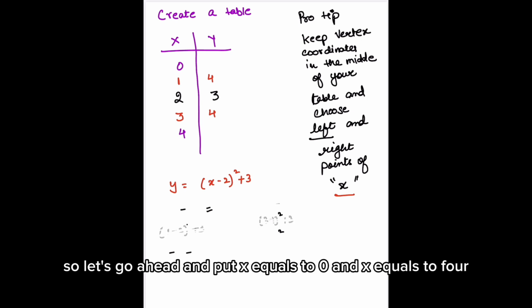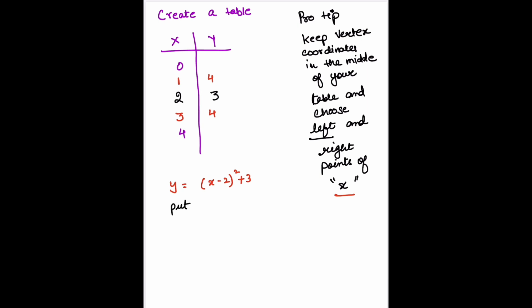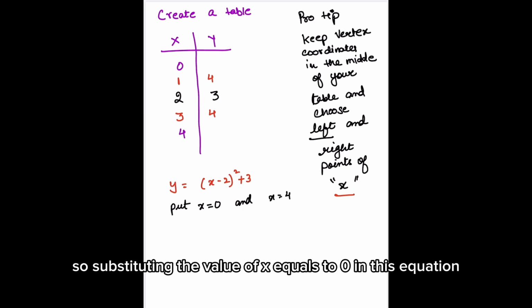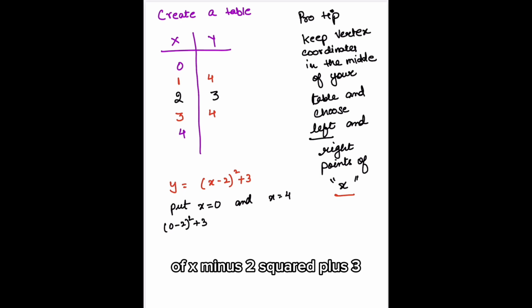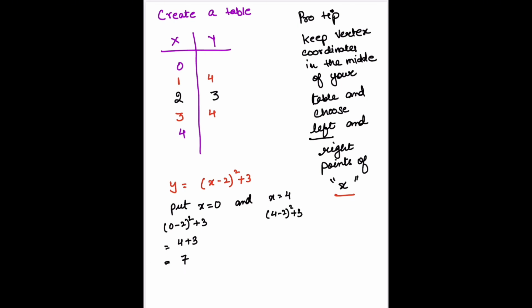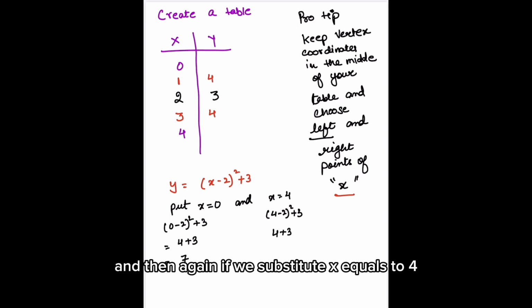Substituting x equals 0 in x minus 2 squared plus 3 gives 0 minus 2 squared plus 3, which is 4 plus 3, or just 7. And if we substitute x equals 4, we also get 7.